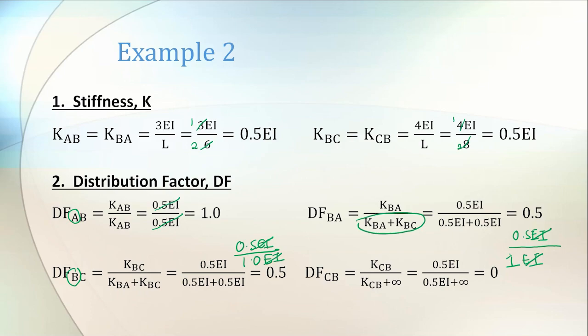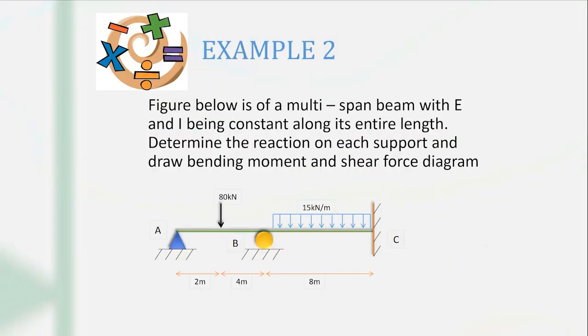For distribution factor C ke B, so KCB, yes we are doing for CB, divide with the total stiffness of beams at support C. Look at the first alphabet there. So dekat support C, it is fixed end. So as what I have mentioned in last week punya video recording lecture, when there is a fixed support, there is like another beam whose length is infinity.